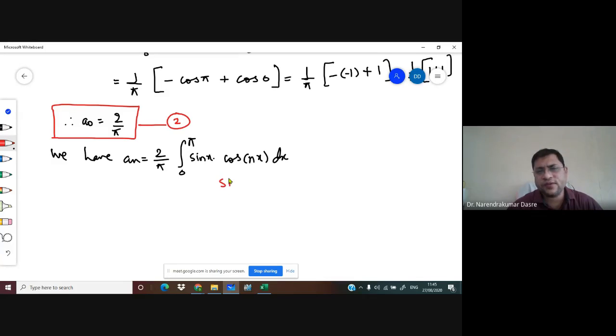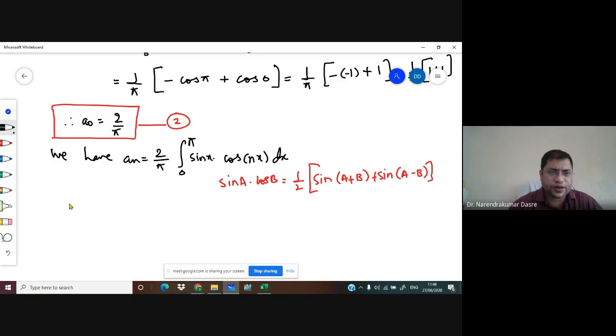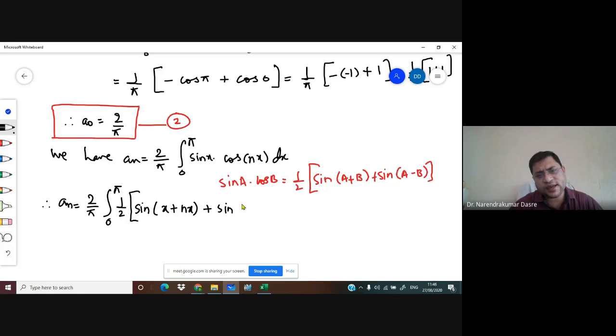So what we know is sin A cos B is equal to half of sin of A plus B plus sin of A minus B. So we got here an is equal to 2 upon pi integral 0 to pi half of sin of x plus nx plus sin of x minus nx, and we have dx.